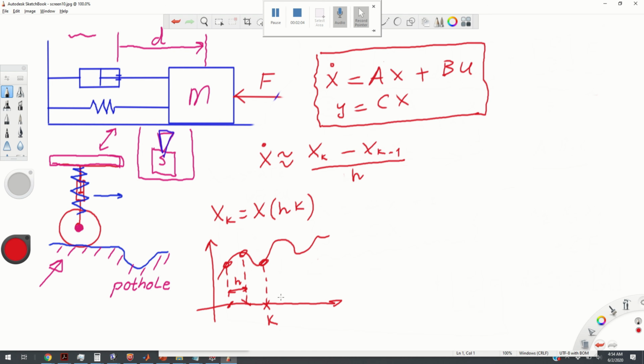So this is a discrete time instant k, and this is the discrete time instant k plus 1. This is time, this is the state, where the distance between these discrete time instants is equal to h. Now, applying this approach to this equation, we obtain this equation.